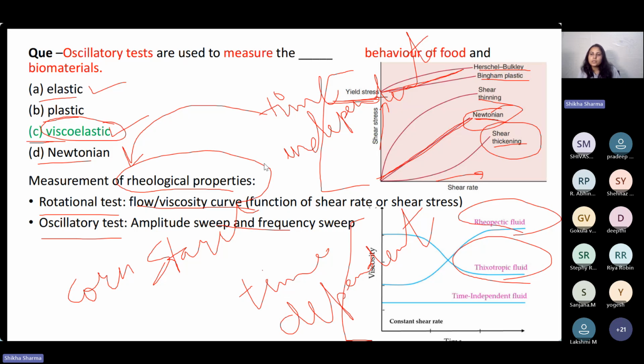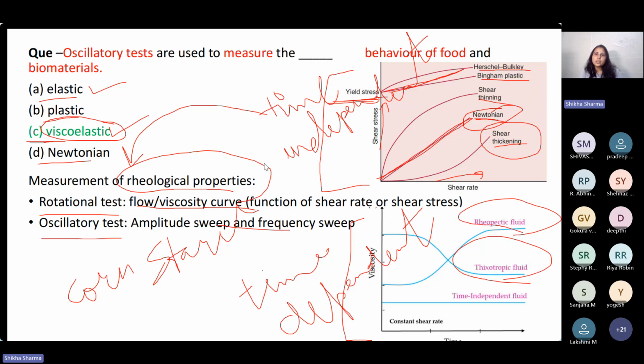And then if you talk about the Bingham plastic, toothpaste, not certainly toothpaste, but you can say toothpaste. So what happened? When you apply stress initially, below the yield stress, it will not come out of the tube.